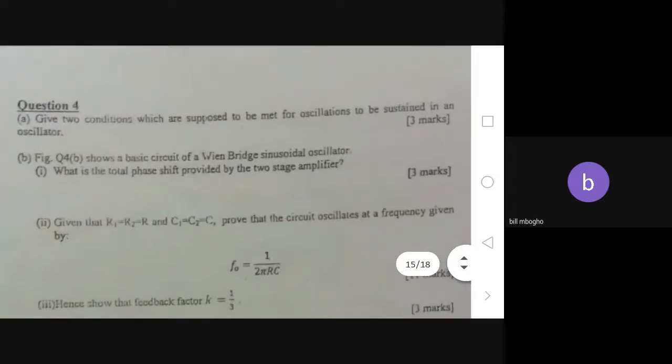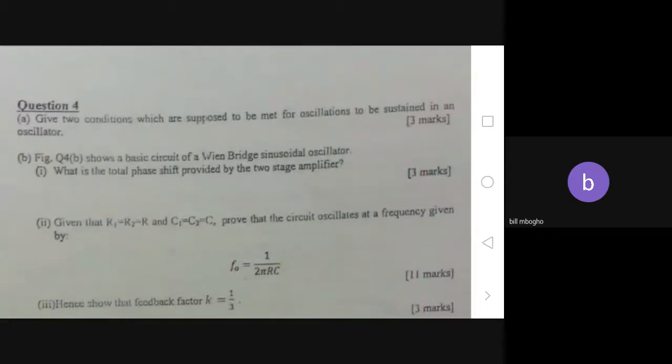Give two conditions which are supposed to be met for oscillations to be satisfied in an oscillator. It's discussed before. Then the figure shows a basic circuit of a Wien bridge sinusoidal oscillator.